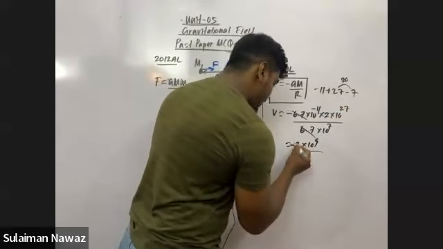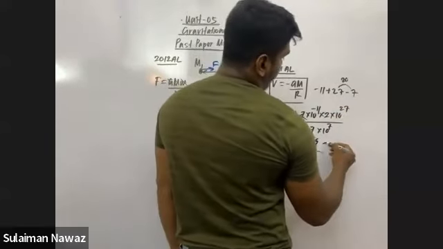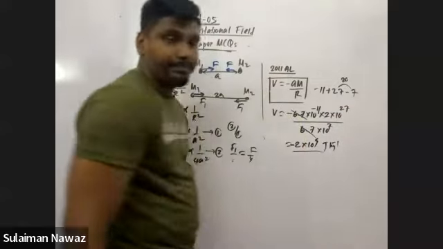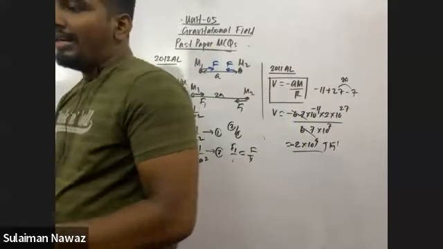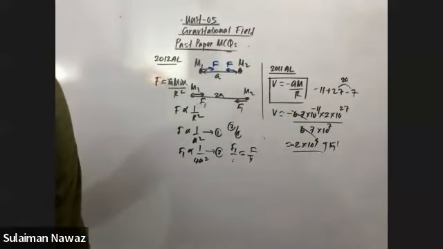What must be the unit of gravitational potential? Joules per kilogram. Understood? How many of you understand this question as well? Raise your hands. Understood.